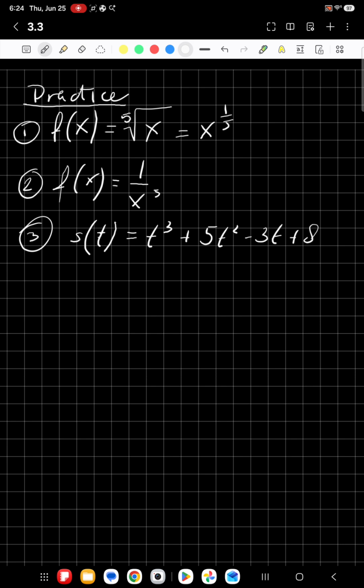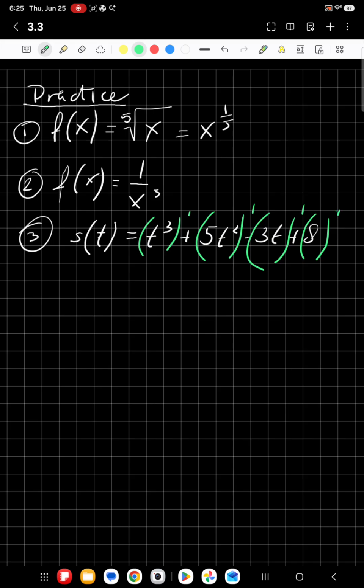So I know I haven't told you that, but when you have a polynomial, you simply take the derivative of all those terms separately. So derivative of this, derivative of that, derivative of this, and derivative of that, separately. That is by properties of derivatives that you guys haven't seen yet.